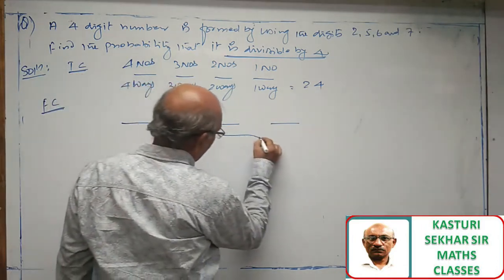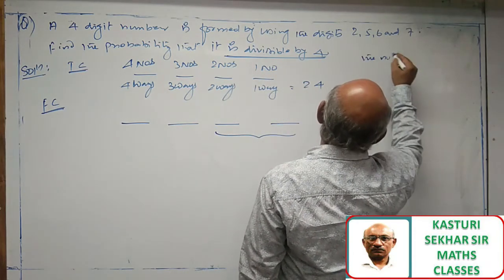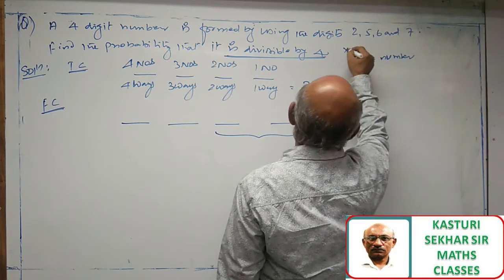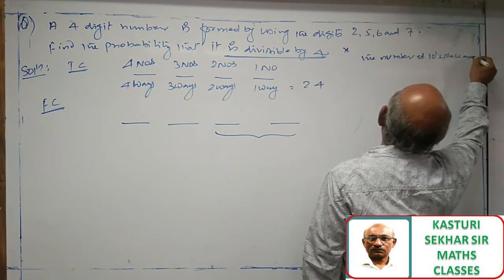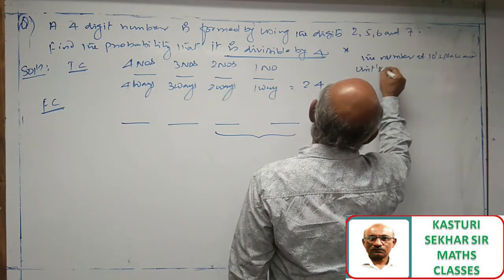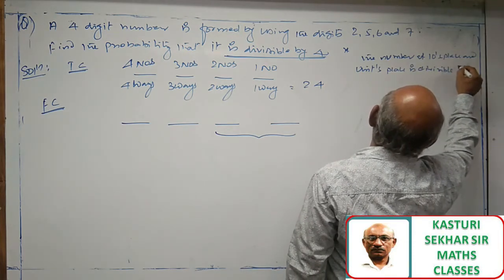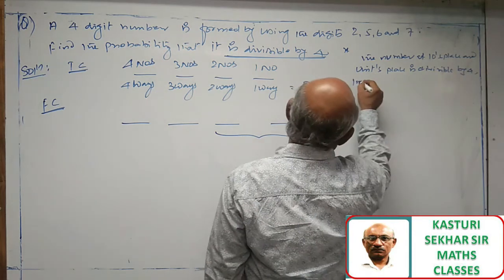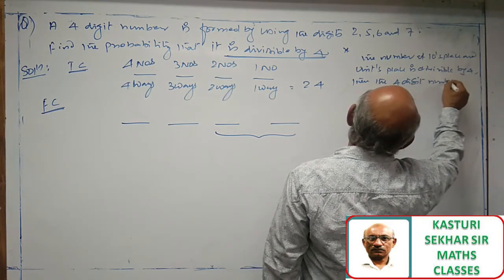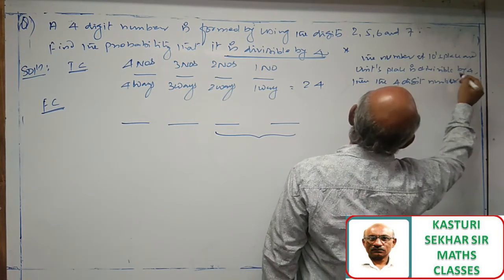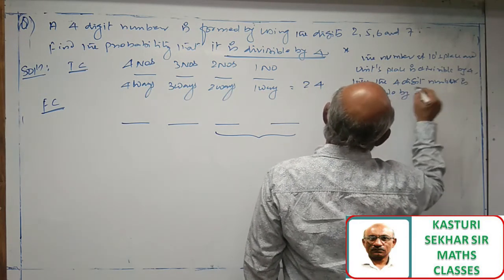Divisible by 4 means if the number at the tens place and units place is divisible by 4, then the 4-digit number is divisible by 4.